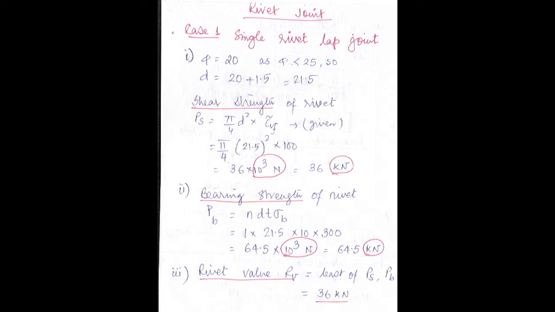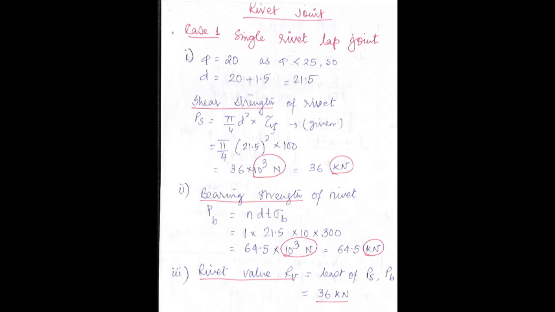Step number 2. Bearing strength of the rivet is PB equal to N into D into T into sigma B. What is N? N is the number of rivets. It is given in the question, single rivet. So single rivet means N will be 1. So 1 into D is 21.5. T is the thickness of the thinner plate.